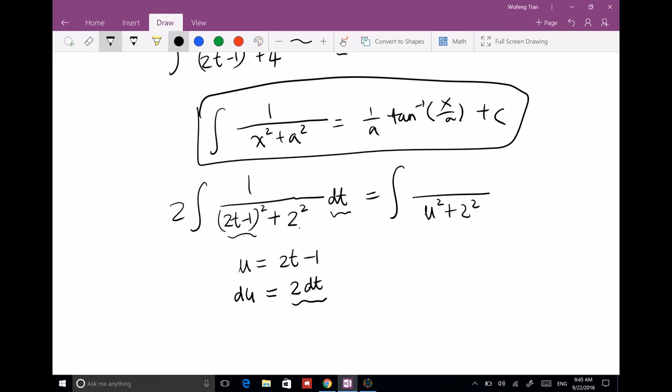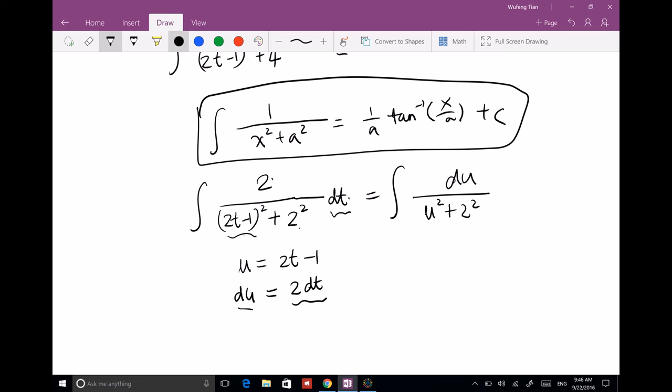If I put this 2 in here, I don't change anything, so suppose there's still a 2 here. I have 2 and dt, exactly the same thing I need as du. Does it make sense? Because 2 dt is exactly the same as du. Sometimes it's not exactly the same, but it doesn't matter. It's just a coefficient. You can make them one here and put another coefficient out.